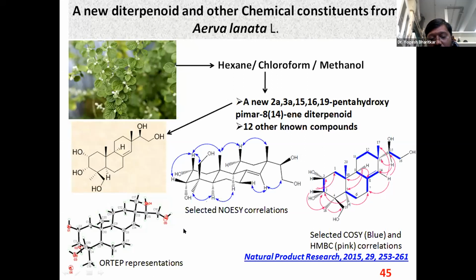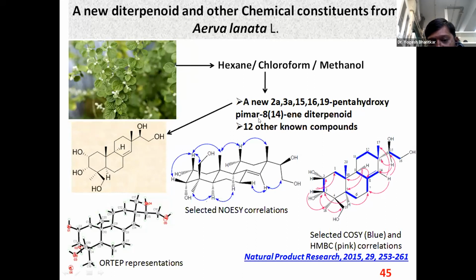Likewise, sometimes we have to draw a molecule in the chair and boat form to show the correlation. You can see these two beta protons get correlation, above the plane, these two axial, this CH2 and that proton get correlation, this and this get correlation, and this methyl signal and proton get correlation.